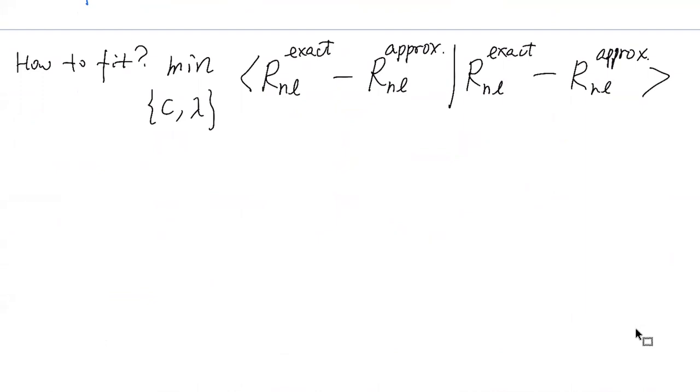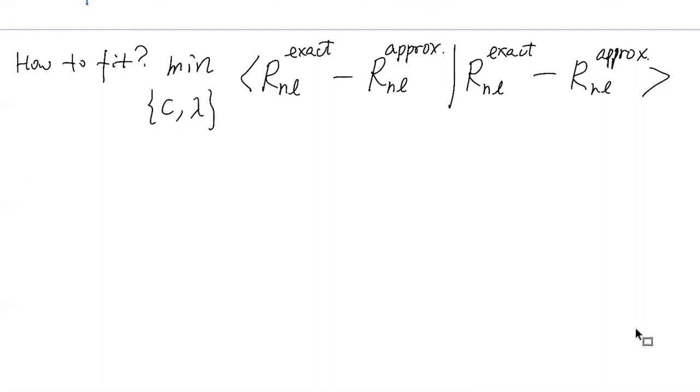Of course, if the function is pretty simple, then you can derive an analytical expression for the fitting parameters C and lambda. For instance, if you're doing a simple linear fitting, least square fitting, then of course you can derive the symbolic expression.